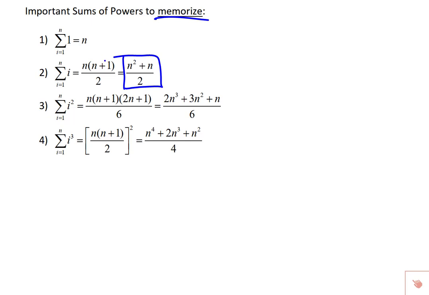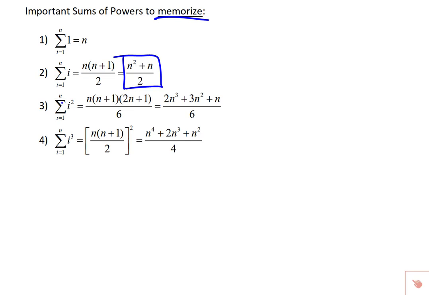Often it's the case that the first forms I'm writing are the ones that are more commonly memorized, but I'm going to suggest that you at least write out these secondary forms, like the n squared plus n over 2 in this second property, because that is going to be more useful for us when we finally start using these things with our definition.